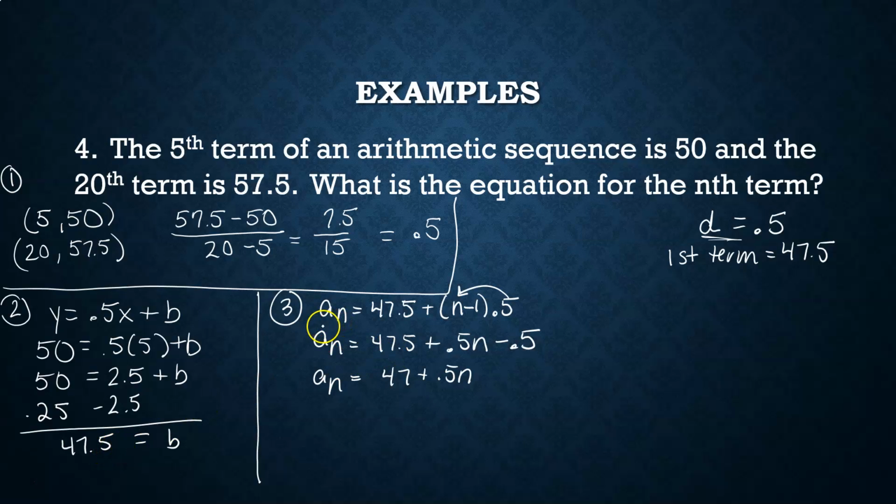Then you would need to plug that into your arithmetic sequence formula. So you end up with a sub n equals 47 plus 5/10 n, or this way, 5/10 n plus 47. That's it for this.